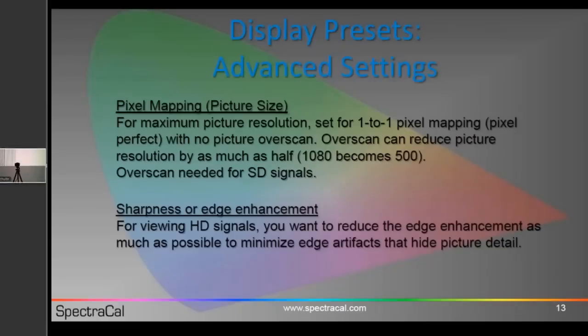One of the other items that we want to set up on the display is the sharpness or edge enhancement adjustments. When we're viewing HD signals, we don't want edge enhancement producing edge artifacts. And so we want to set any edge enhancement or sharpness adjustment to as minimal a setting as possible while still maintaining full resolution. On the webcam, you can see in the bottom part of the picture we have thin black lines on a gray background.